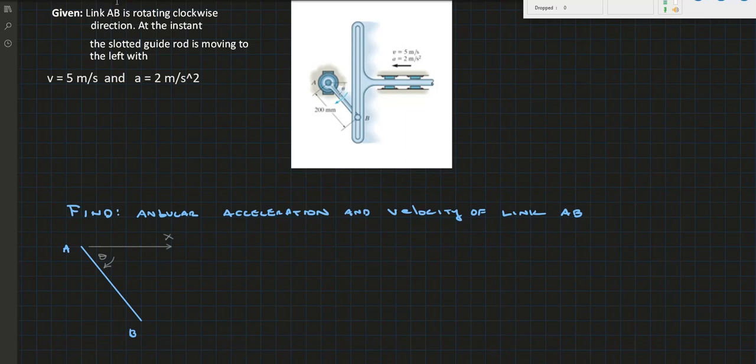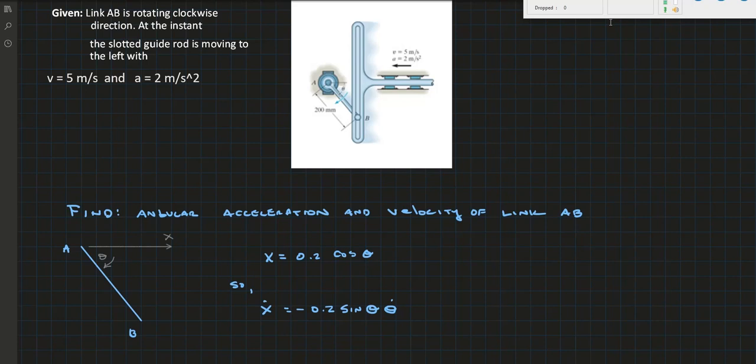Then we see here, we can relate x to our angular motion by x equals 0.2 cosine of theta, which means that the first derivative of x is minus 0.2 sine of theta, but theta is also a function of time, so we'll end up with a theta dot.